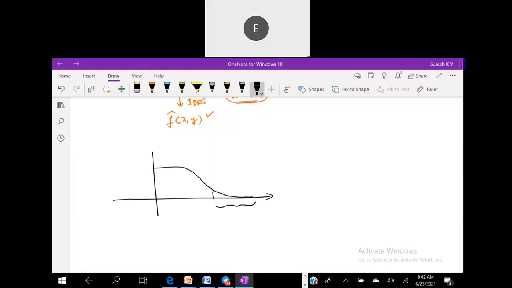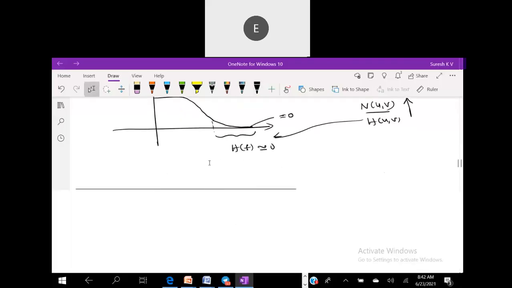In this region, what you observe is that H(f), the blur transfer function, is very close to 0. In fact, here it is almost equal to 0. So if I divide by this function, definitely N divided by H in this region will be very high. This is the problem we are facing. So the noise is going to be increased.